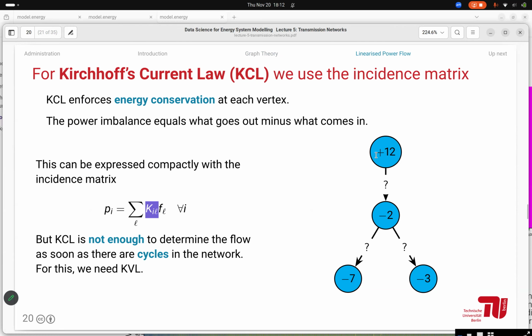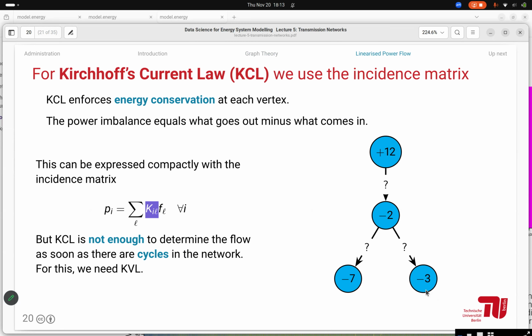In this example here, it's relatively straightforward to calculate. You would all do this energy balance intuitively. You have some production here. You send 12 through here, so that's a power flow calculated. You have consumption of 2 here, so you have 10 left. So you need to send 7 through here to supply this demand, and 3 through here to supply the demand.